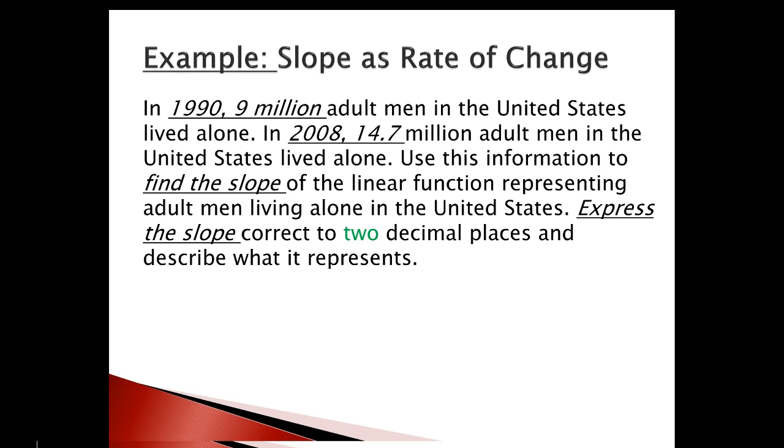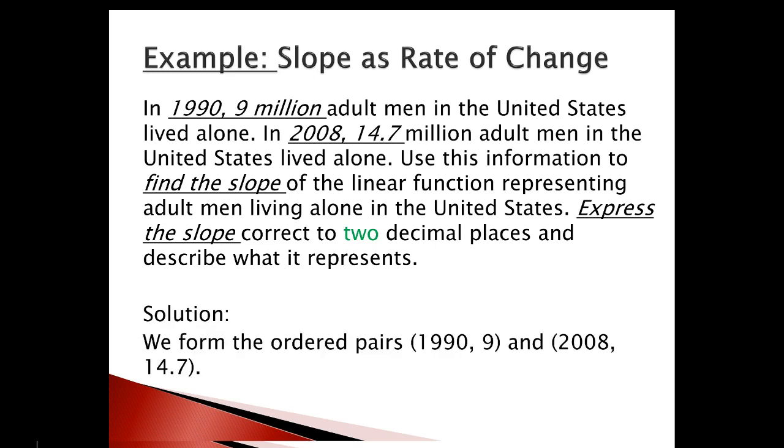By using this information, we can define two ordered pairs. Here we can see 1990 is related with 9 million adults, and 2008 is related with 14.7 million adults. So here we have two ordered pairs of a linear function.